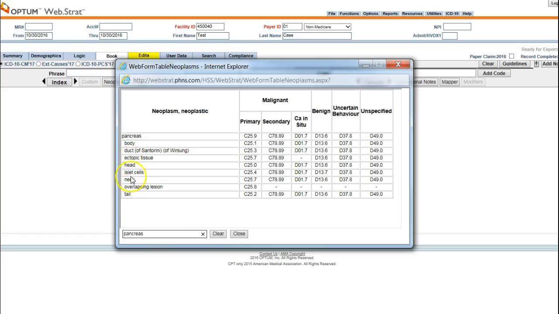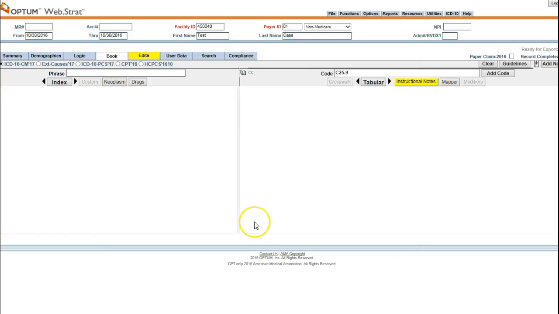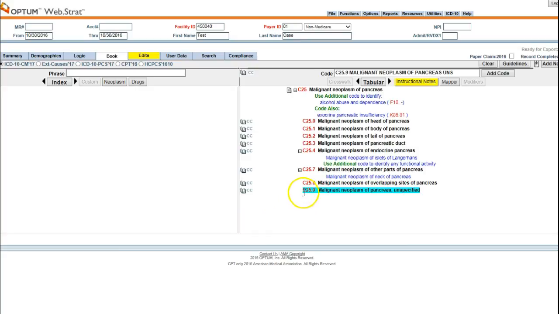He didn't give us details about exactly where on the pancreas the neoplasm appeared, so we're just going to generally code it as neoplasm primary because it's malignant. And then as you can see here, we have a 3-digit category for malignant neoplasm of pancreas. Use additional code to identify alcohol abuse and dependence. We were not given that information, so we don't code for that.